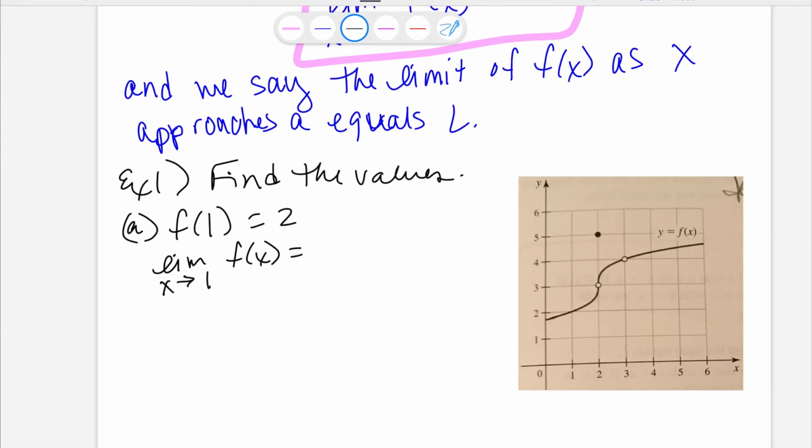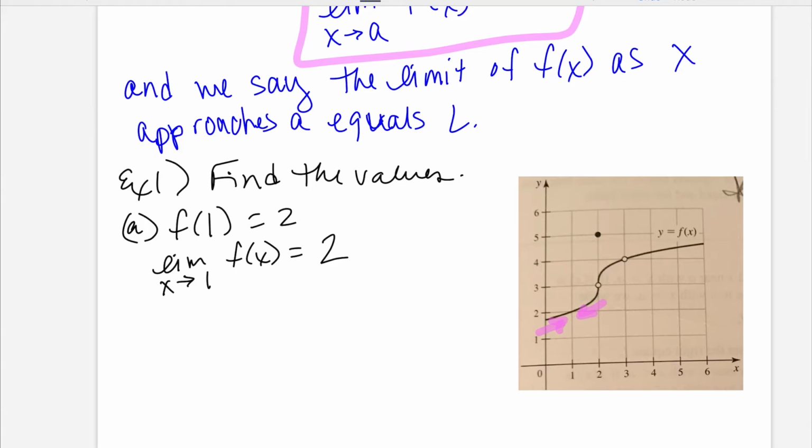So what I'm actually doing here is I'm saying, as my graph approaches from the left and from the right, we'll talk about that more, what is the value of my function that my graph is going toward? Still 2. It's okay to have your limit and your value be the same thing.